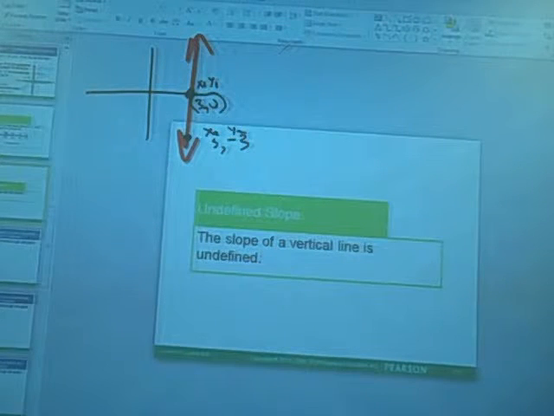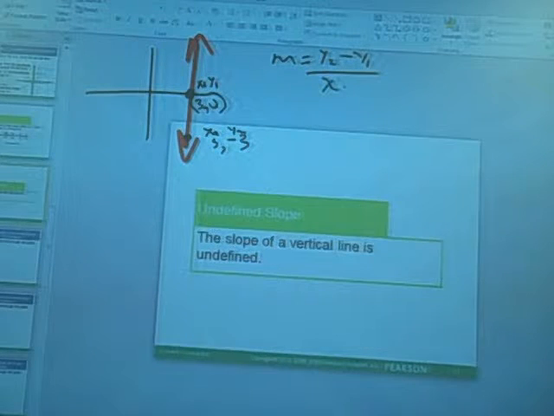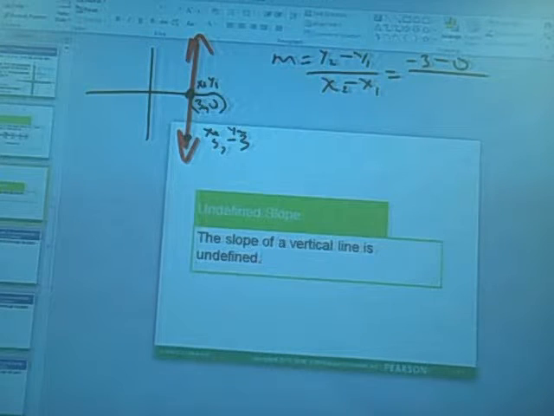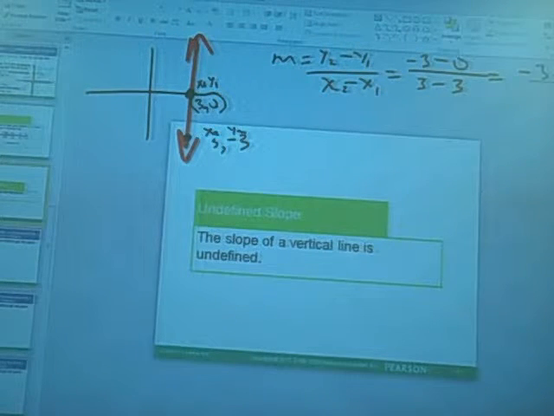So y2 minus y1 over x2 minus x1 would be negative 3 minus 0 over 3 minus 3, so you end up with negative 3 over 0.